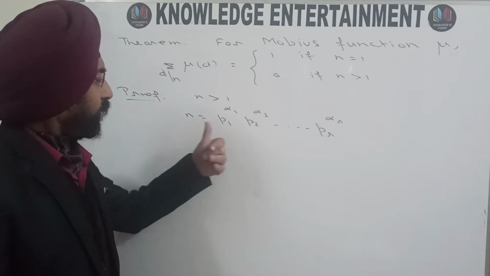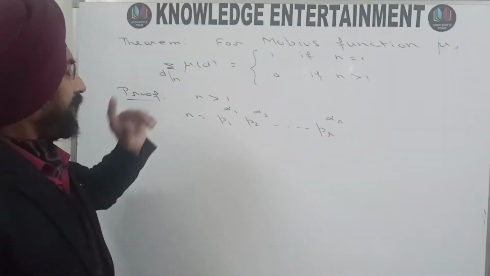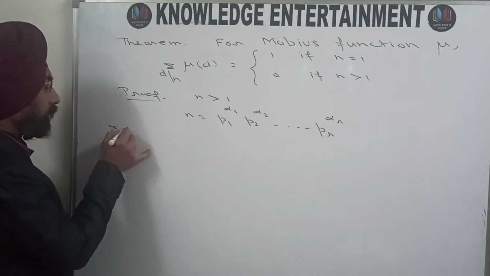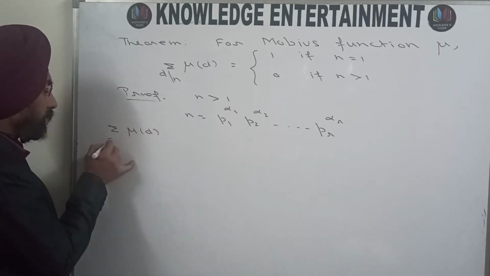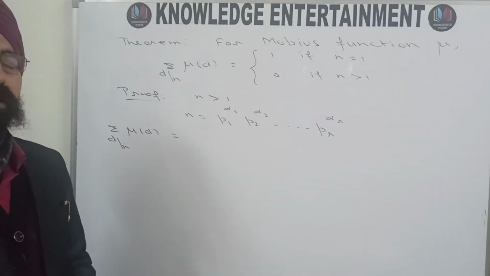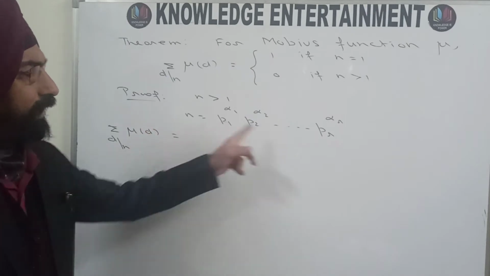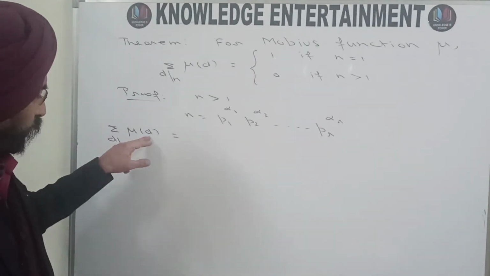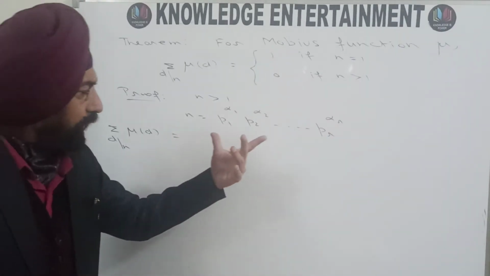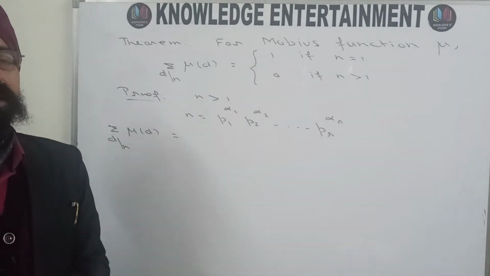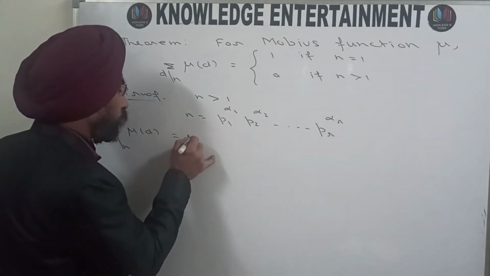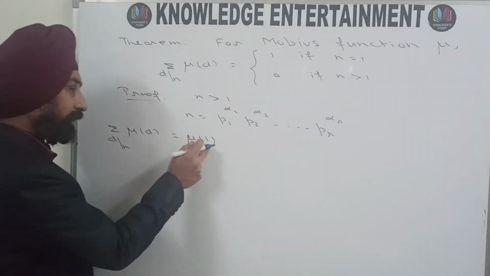Now if n is this, the left hand side is sigma mu d, where d divides n. What you have to do now is take one by one all the divisors of n, put their values here, mu of that, and then take the sum. The smallest possible divisor is 1. So first of all you put d equal to 1, you will get mu 1. So it is one divisor, plus.